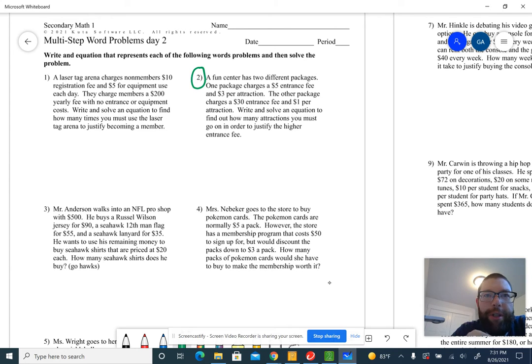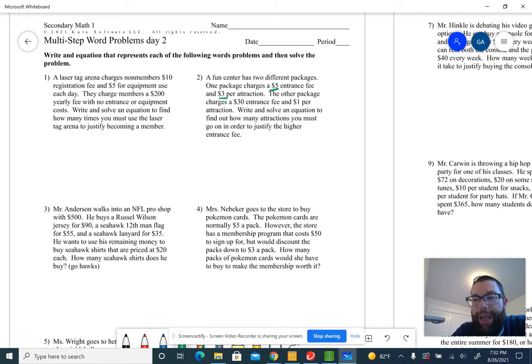Number two: a fun center has two different packages. One package charges $5 entrance fee and $3 per attraction. Again, we want to identify some keywords.